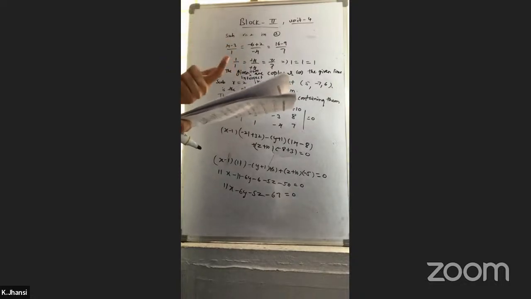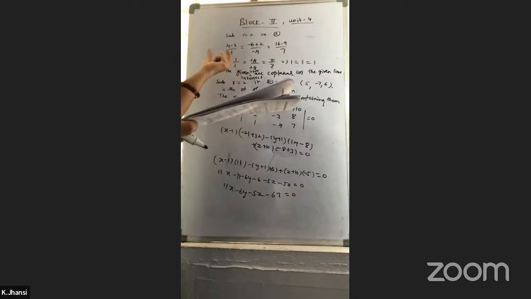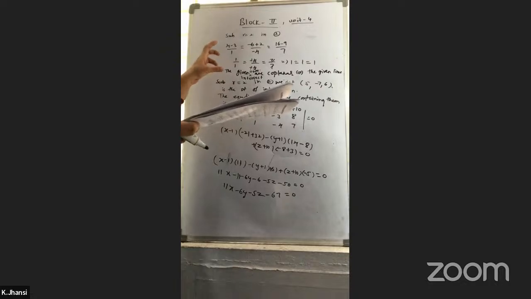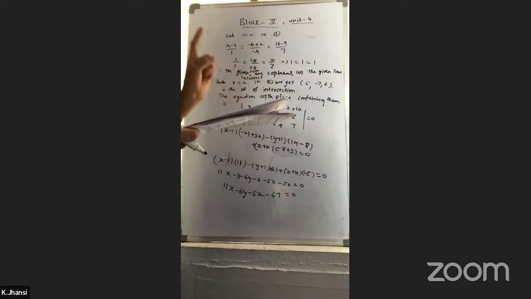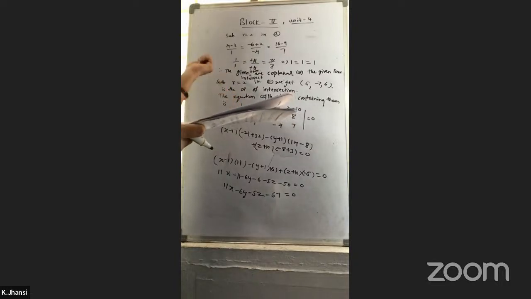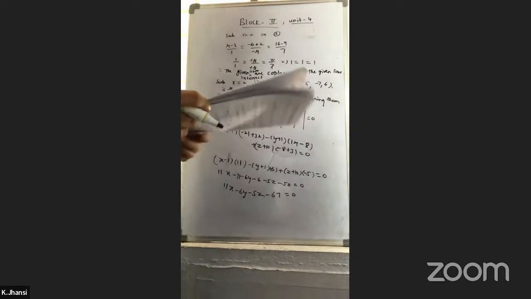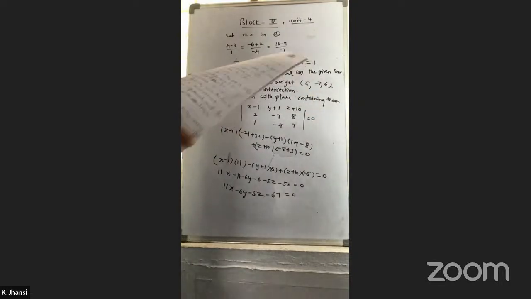One method is to convert whichever line equation is in unsymmetrical form into symmetrical form and then directly apply the formula, that is x2 minus x1, y2 minus y1, and solve the problem. Or else you can directly solve with the unsymmetrical and symmetrical forms. That we'll see in the next class.